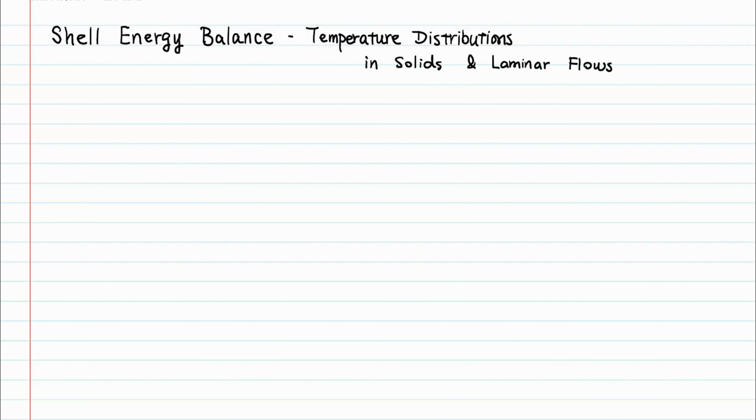Okay, and also in this chapter, mostly we're going to be dealing with problems that are under steady state. So we know that under steady state, there would be no accumulation.